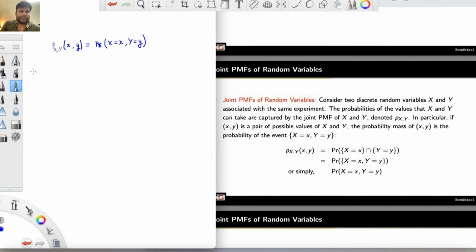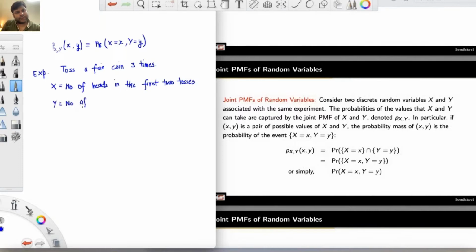Okay, let's do one example. Suppose the experiment is the following: you toss a fair coin 3 times. Suppose X is the number of heads in the first 2 tosses, and Y is the number of heads in the last 2 tosses.